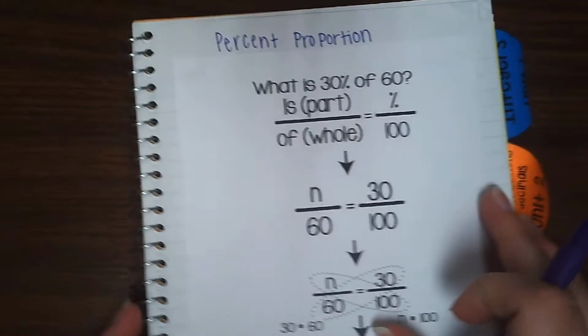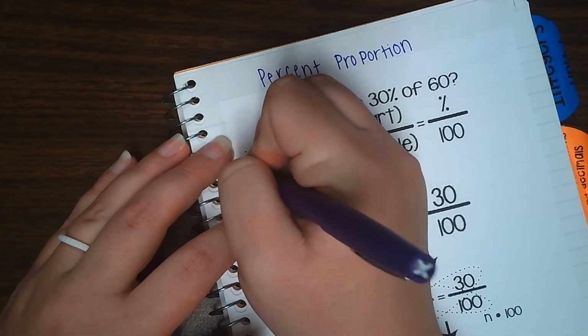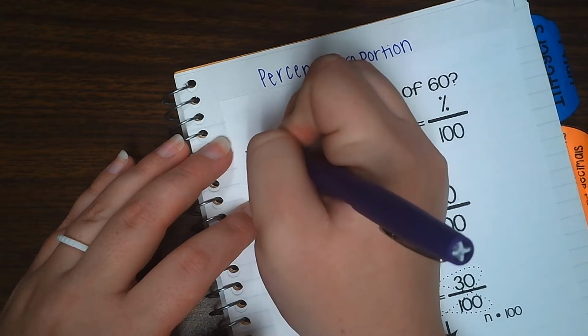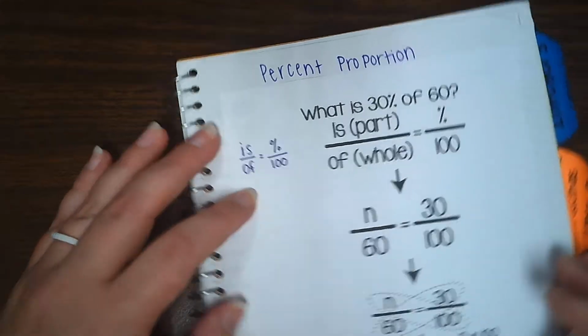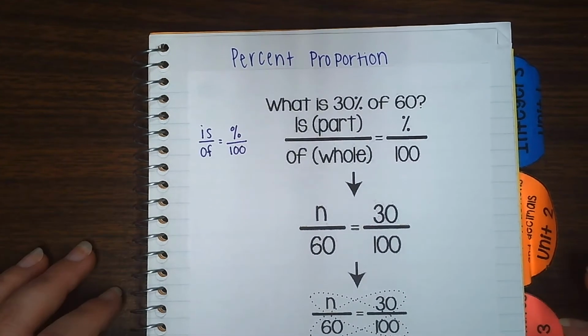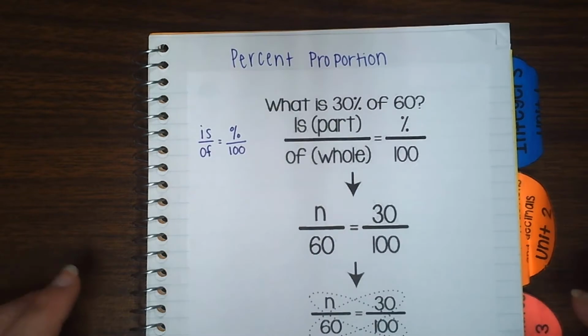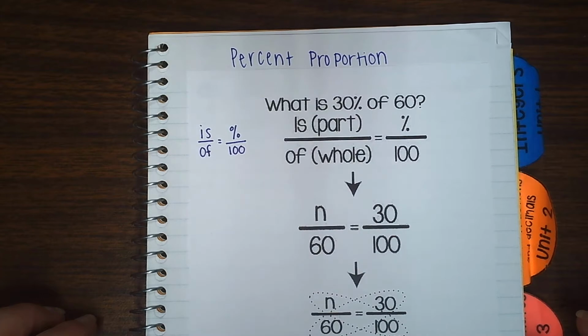Right now, I want you to really focus on is over of equals percent over 100. I want you to memorize that. I will say it 1,000 times. Is over of equals percent over 100.